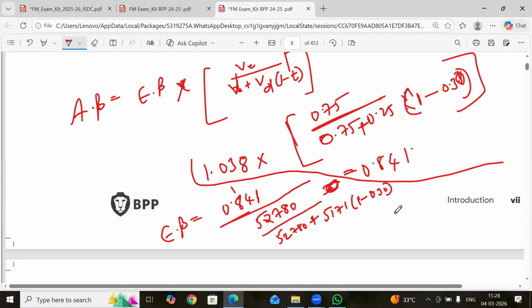All of you please calculate and tell me what is the equity beta, the project specific beta, please, fast.